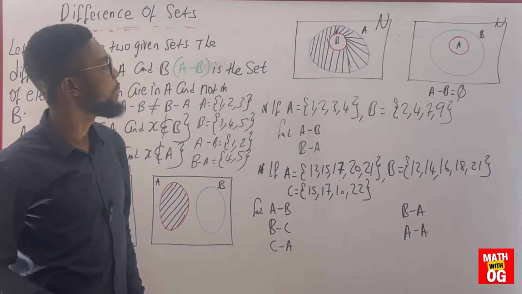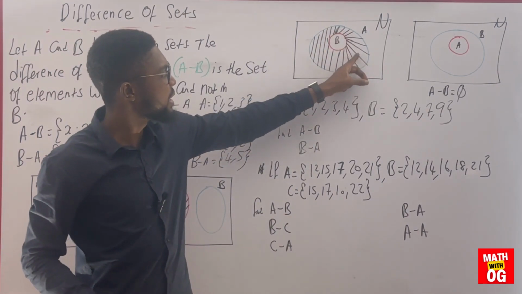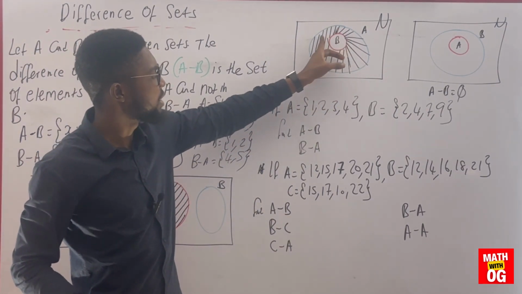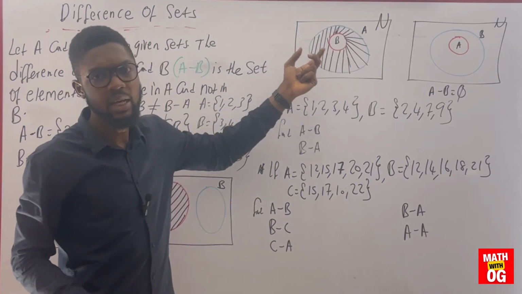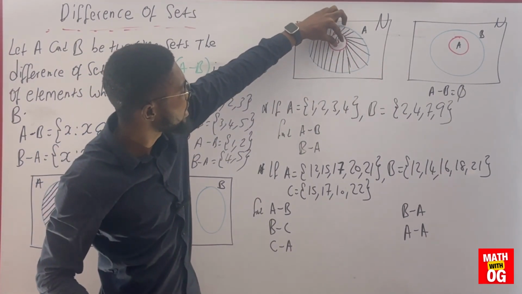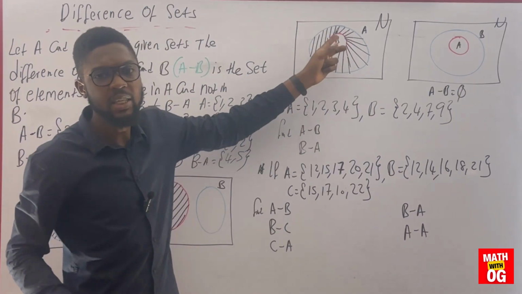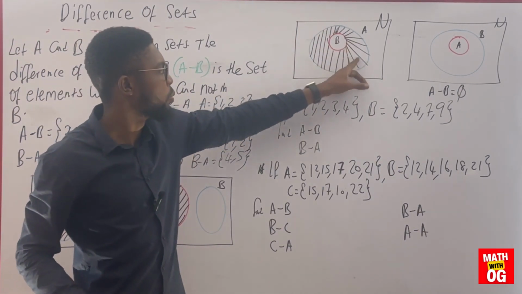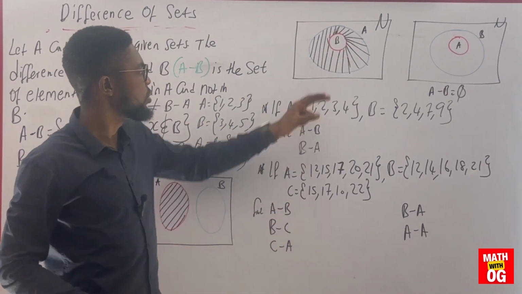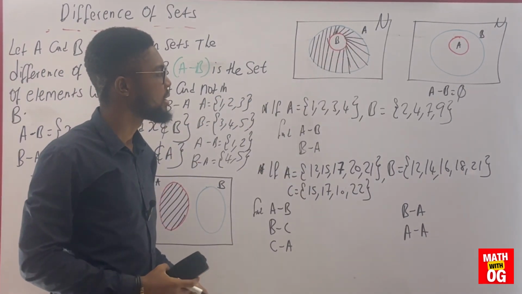So A − B will be everything in A that is not in B. Everything here is in A and not in B, so we shade everything inside A apart from B, and the B part will be left empty.